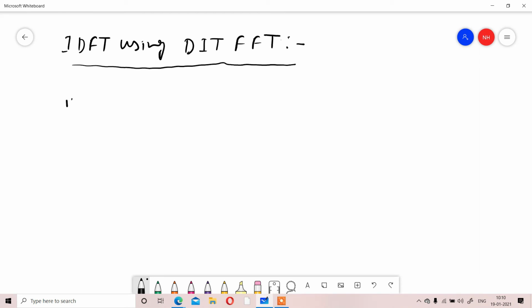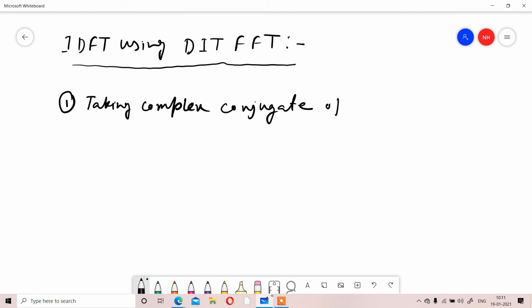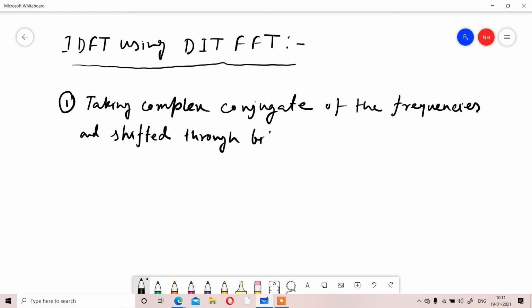The input that you are considering, you have to consider by taking the complex conjugate of the frequencies and shifted through bit reversal.